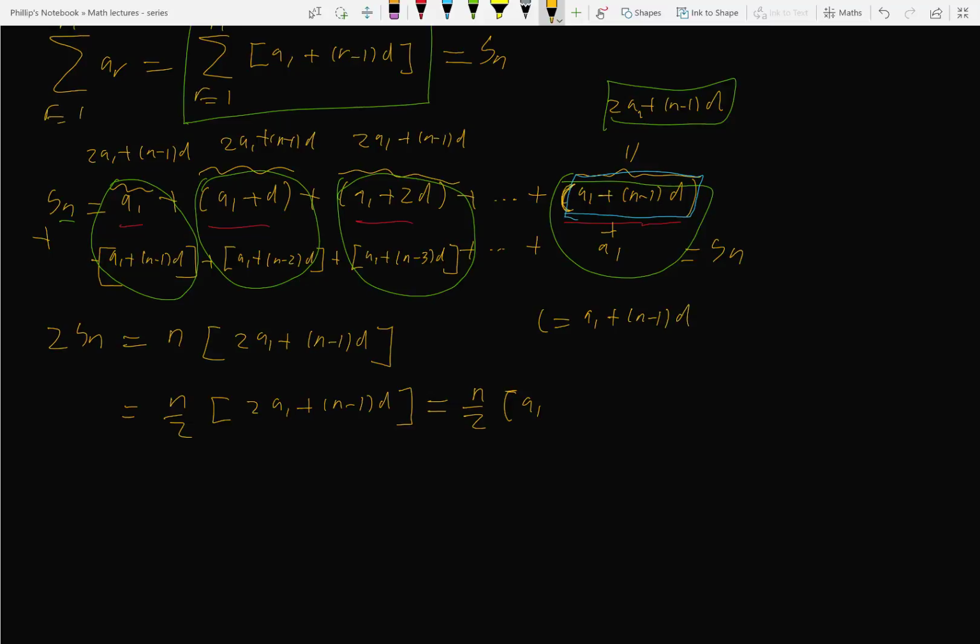So essentially, all we need to do is take the first term plus the last term, then look at how many terms are in the whole sum, divide by 2, and multiply it together, and that's a generalised formula for Sn. So Sn is equal to n over 2 times a1 plus L.